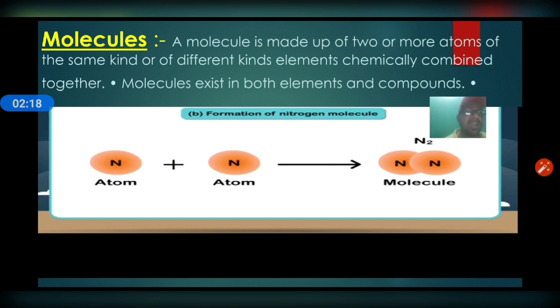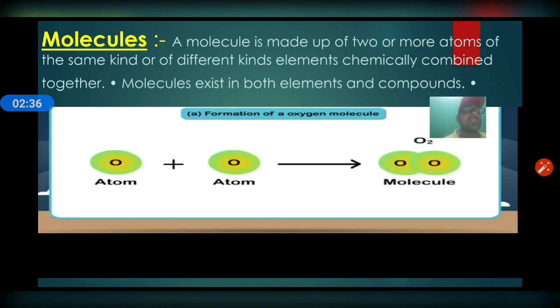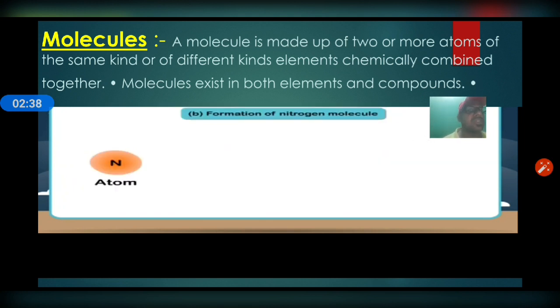Here I am trying to give you a few molecules and a few compounds, and how they are formed. Here you can see one atom of oxygen combined with one atom of oxygen produces one molecule of oxygen.